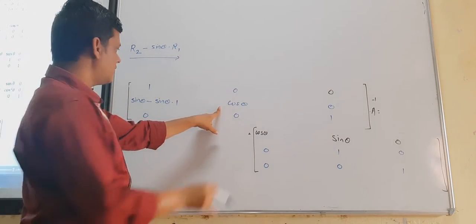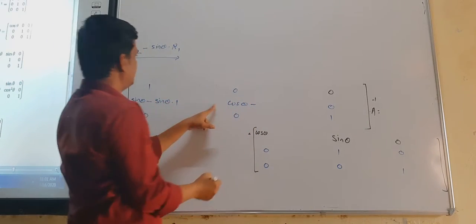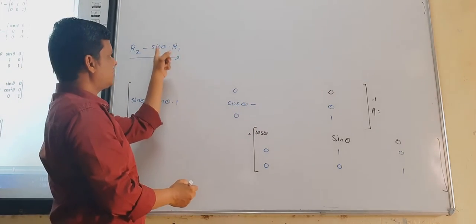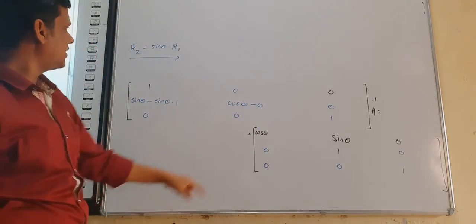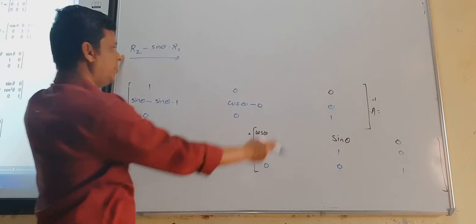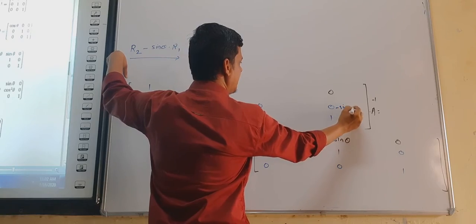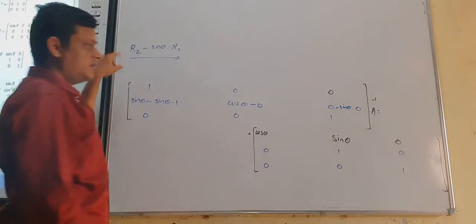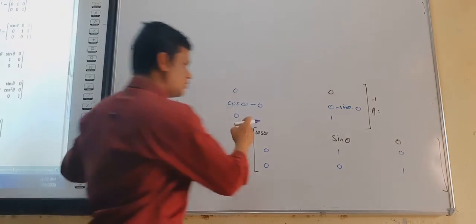Here R2 is cos theta minus sin theta into 0, which is 0. Here both the elements are 0. So you can write R2 is 0 minus sin theta into 0. Same in RHS.